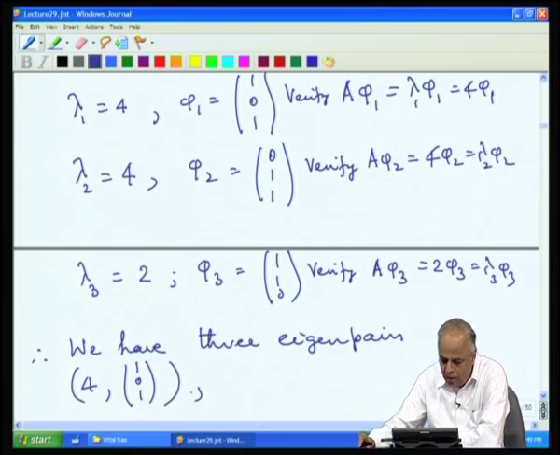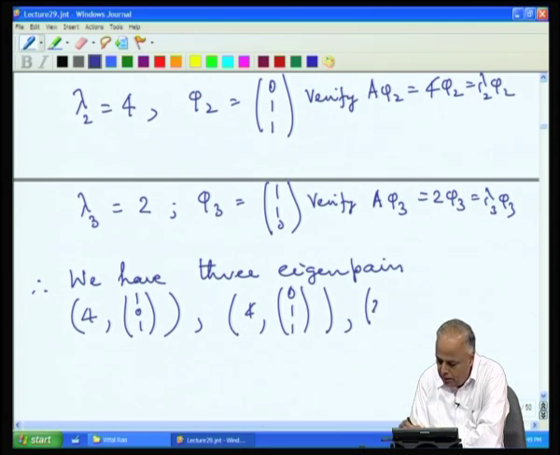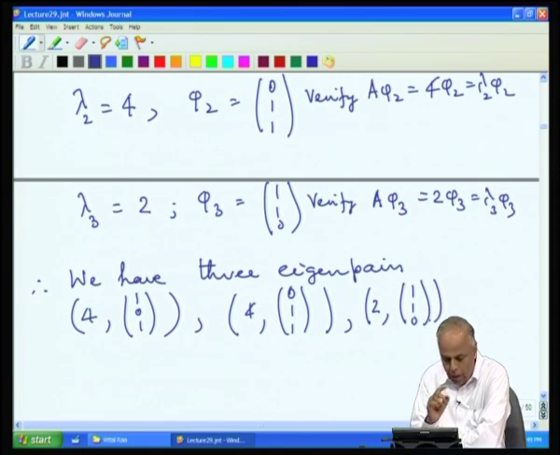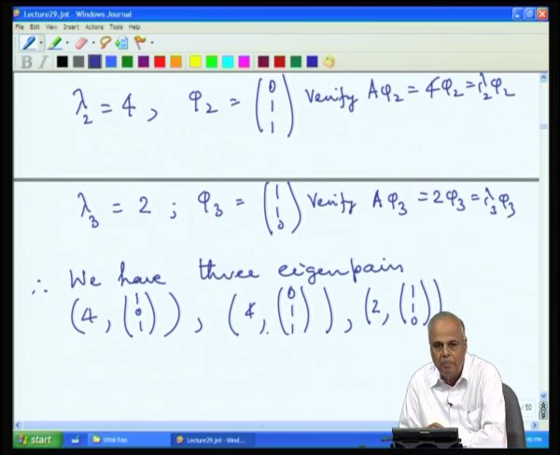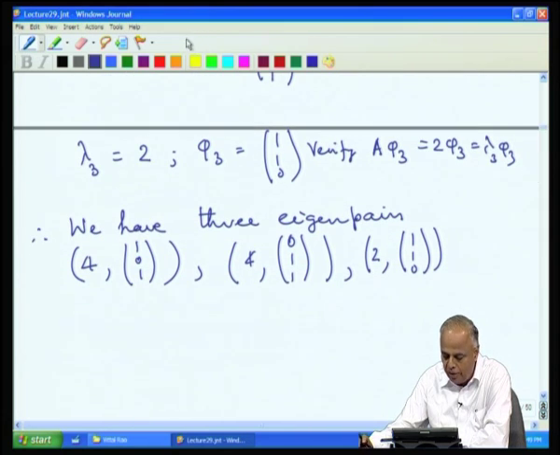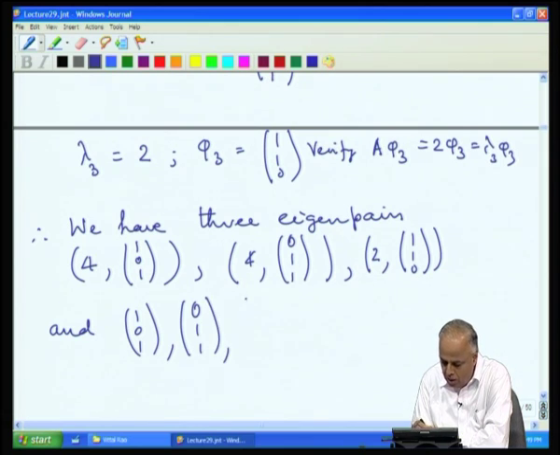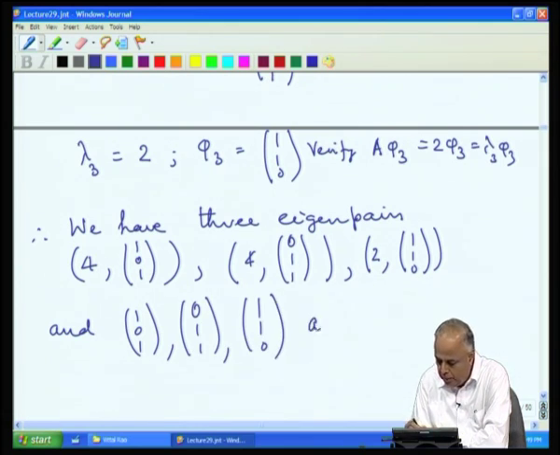The second one is lambda 2, phi 2, which is 4 and 0 1 1, and the third one is lambda 3, phi 3, which is 2 and 1 1 0. Notice that the number 4 repeats in the first and the second pair, but the corresponding eigenvectors we have chosen are different, and the eigenvectors involved are linearly independent.